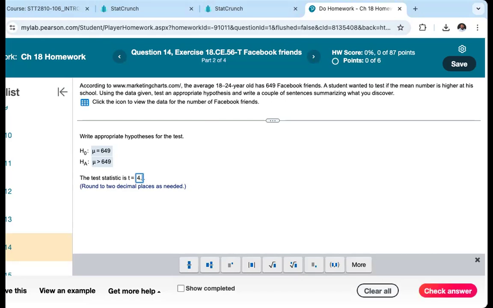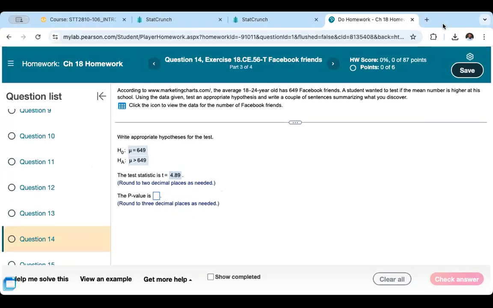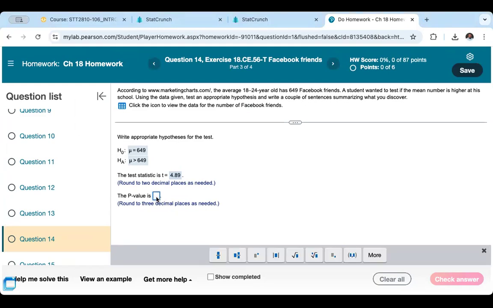So 4.89. And then the p-value. Yeah. So the p-value is 0.0001. So it says I should round to 3 decimal places. So what is it going to be? 0.000. Right.